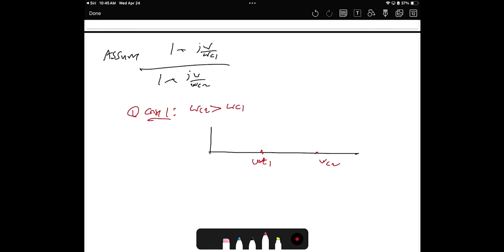At omega c1, the pole will be activated, which makes negative 20 dB per decade. Before omega c1, everything is 0. Then at omega c2, the zero will be activated. It was negative 20, then add a positive 20, which makes it 0.